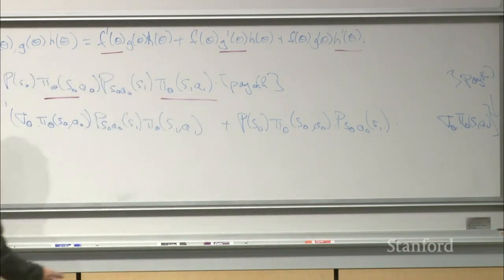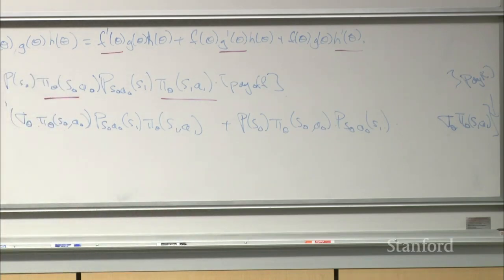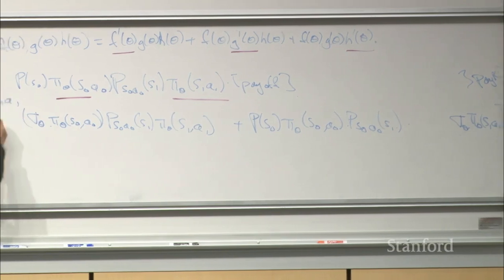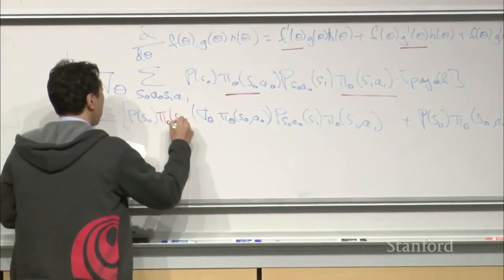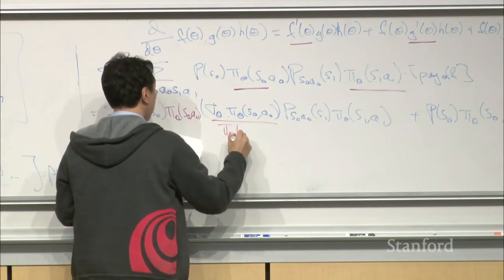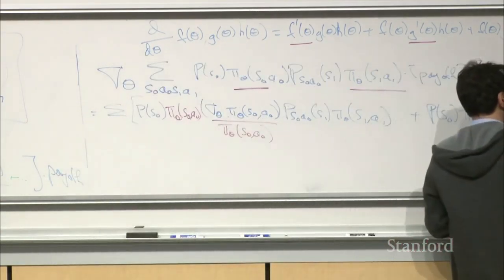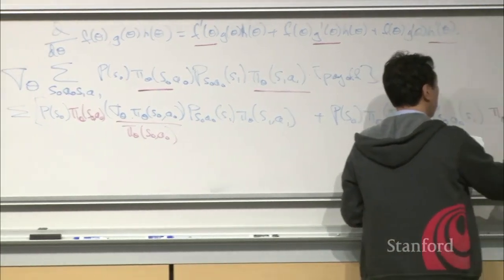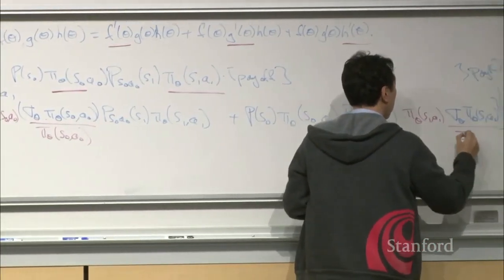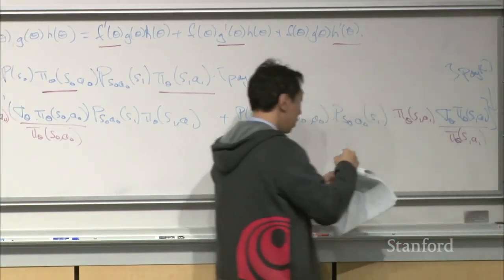Okay, and now I'm going to make one more algebraic trick, which is I'm going to multiply and divide by that same term, and then multiply and divide by the same thing here. Right?